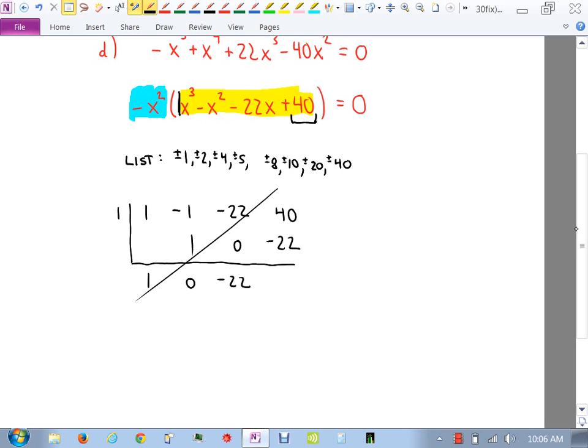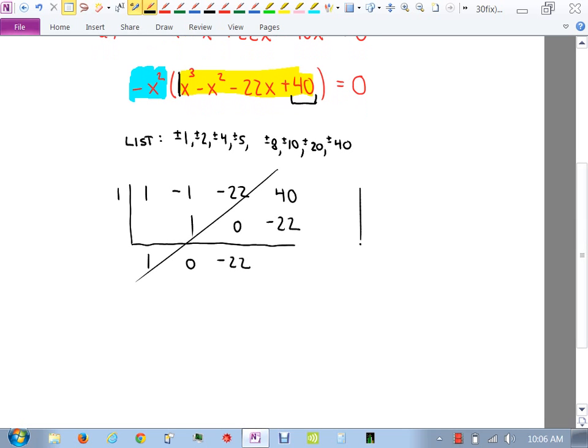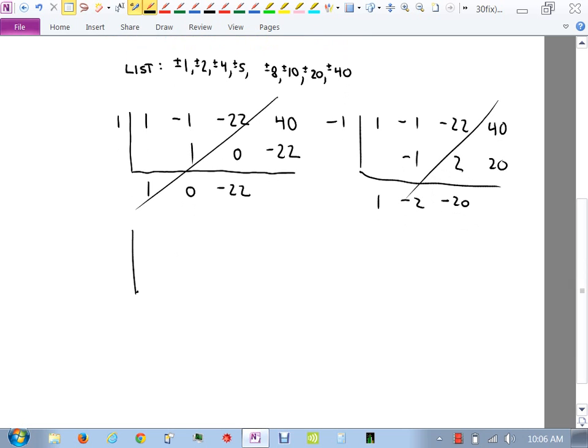Doesn't work. I'll do negative 1 next to it. I'm expecting that you could do these on your own, given enough time. That doesn't work. 2's next. So I did 1, then negative 1. Now I do 2.